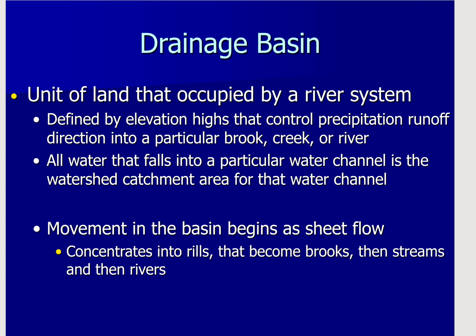The Mahoning then empties out into the Ohio River, and then the Ohio River is going to empty out into the Mississippi River, and then ultimately into the Gulf of Mexico.